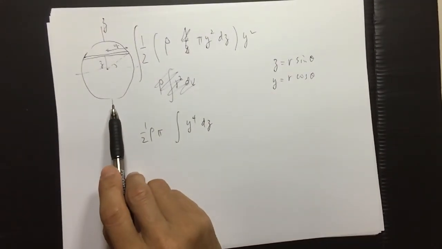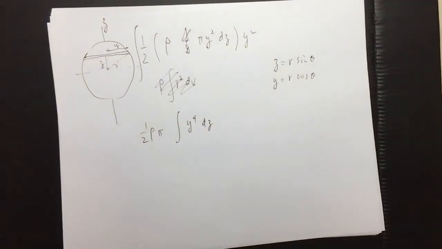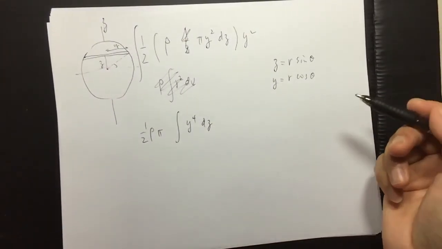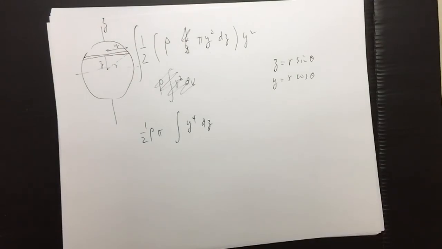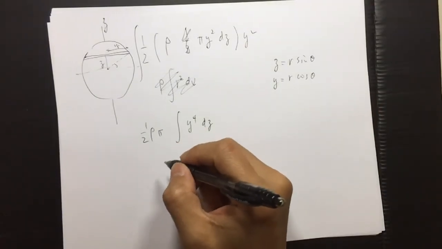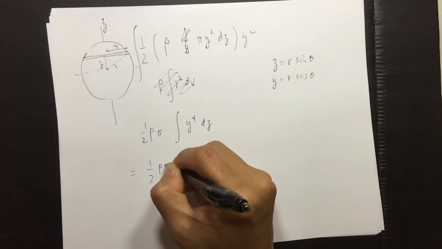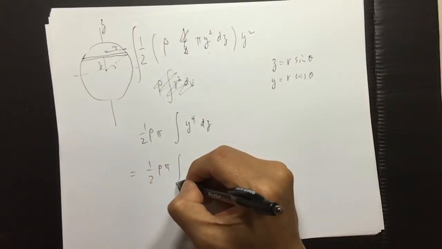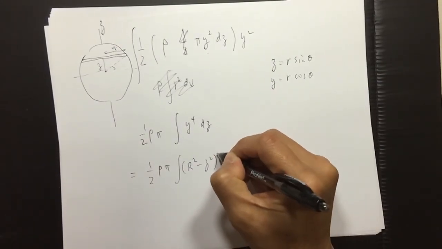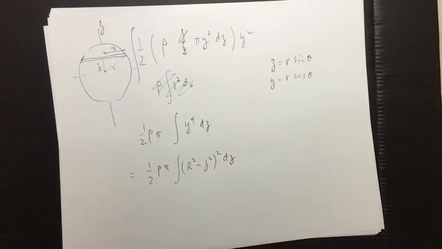Then theta goes from minus pi over 2 to plus pi over 2. We're going to do it your way, which is to do this. I like this way, but in this case this way is maybe a little bit easier, but not very much. Anyway, it doesn't matter. So we do this, we just write half rho pi, integral of r squared minus z squared, squared, dz, because y squared equals r squared minus z squared.